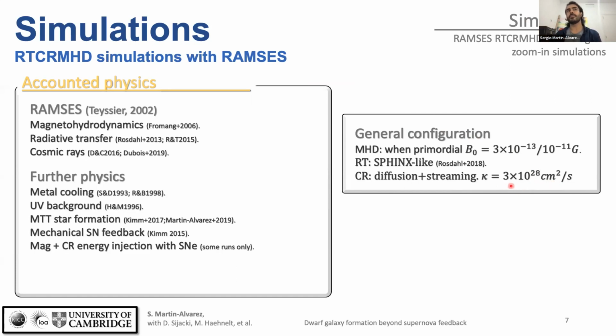And we choose this value of 3 times 10 to the 28 because it sits quite well in between what different groups of simulations are doing, as it should in principle be in agreement with most observations. But indeed, the fact that this is constant and the actual value is something that is a bit of a caveat that needs further discussion and consideration. I'm happy to even chat about this value later on.